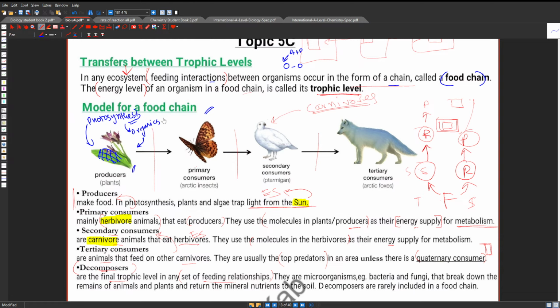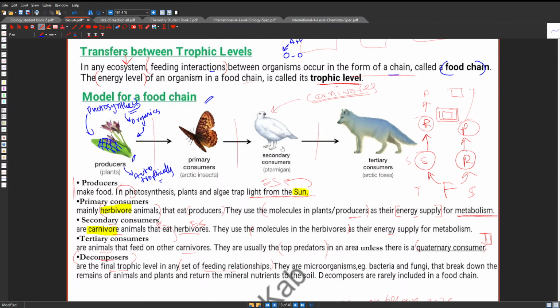So you're not producing the organics by yourself, you're just taking the organics from somewhere else. And that's obviously called heterotrophy. So that's what all these consumers are doing. The producers are the only ones who are autotrophically making those organics by themselves.